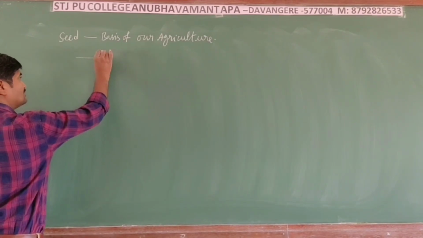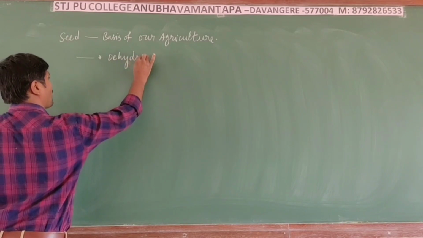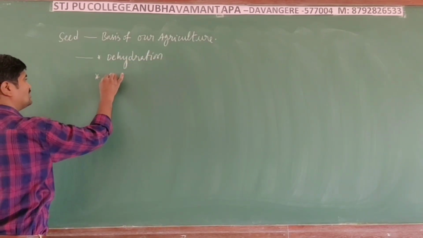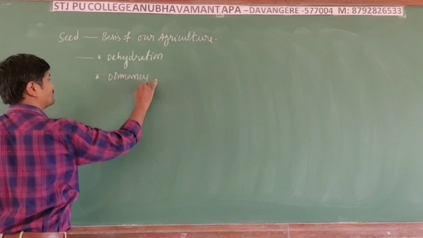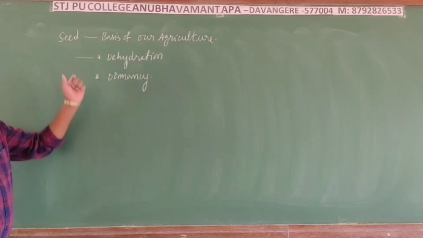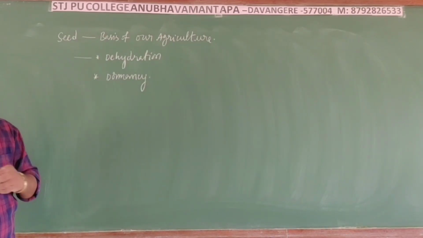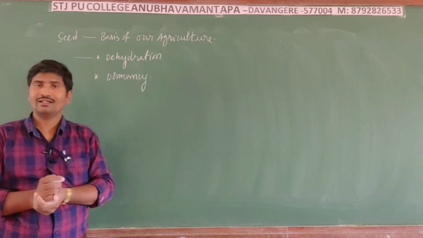Main ones: dehydration and dormancy. Why is the seed the basis of our agriculture? Because the mature seed contains dehydration and dormancy.